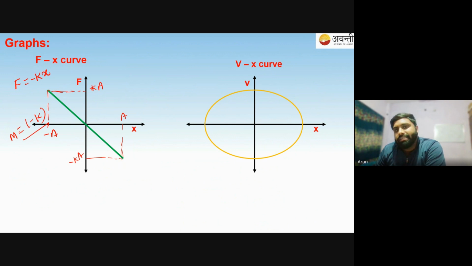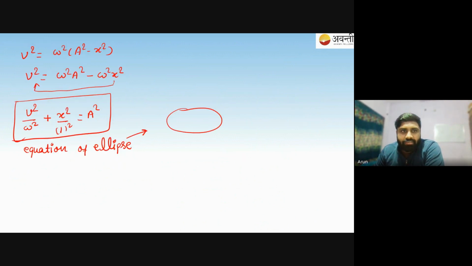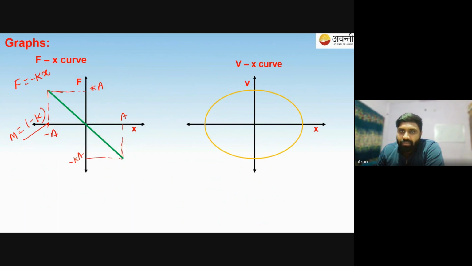Now, the v-x curve. I have told you that this equation is the equation of an ellipse, v square by omega square plus x square by 1 equals a square. So this is the variation of velocity with x. We can say that when x is equal to 0 here, the value of velocity you will see here.